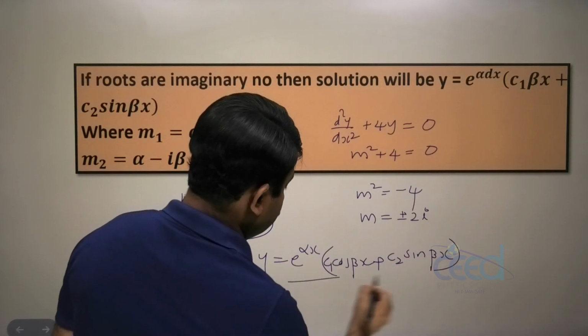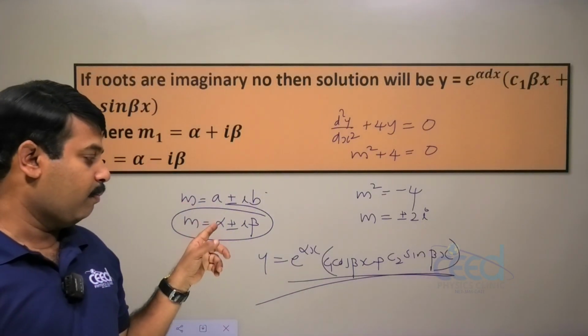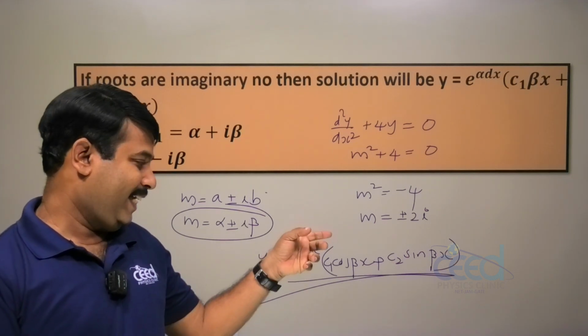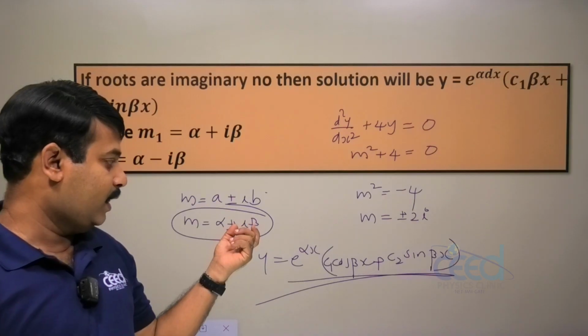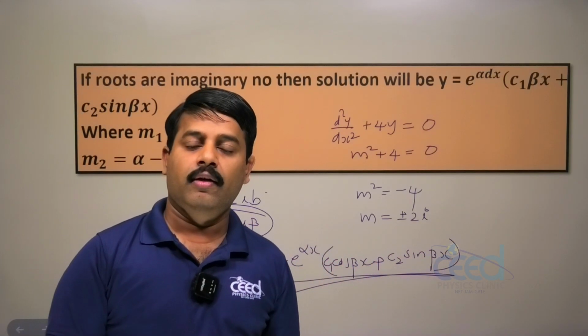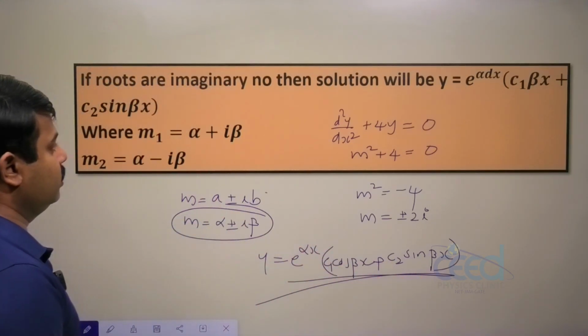This is the solution. So first you write the real part alpha as an exponential function power, into the part corresponding to i beta, c1 cos beta x plus c2 sin beta x.